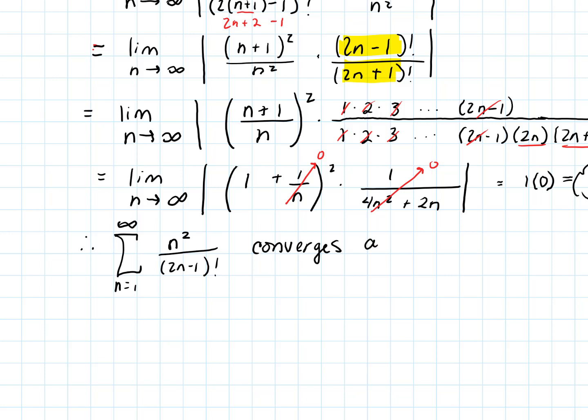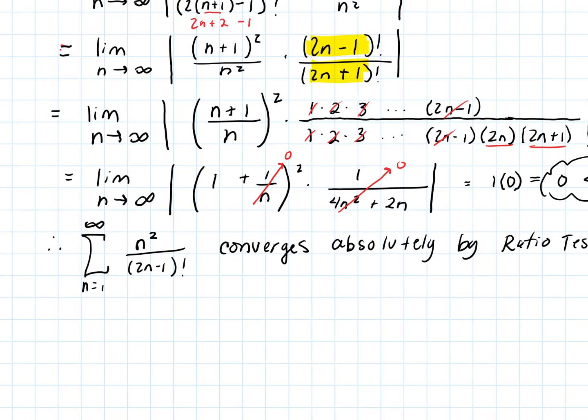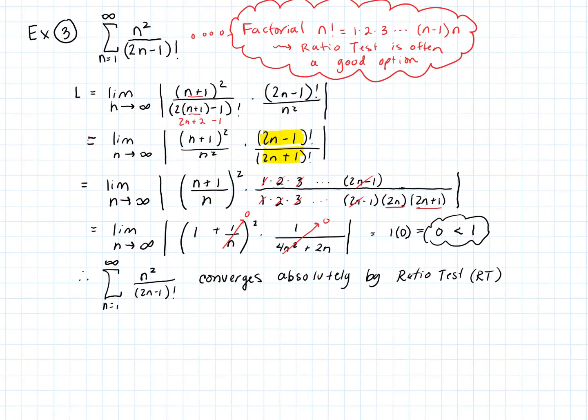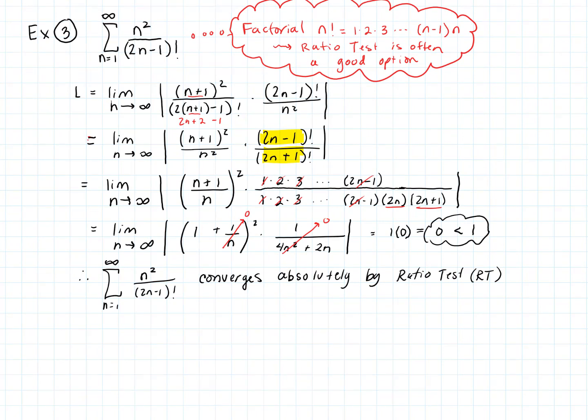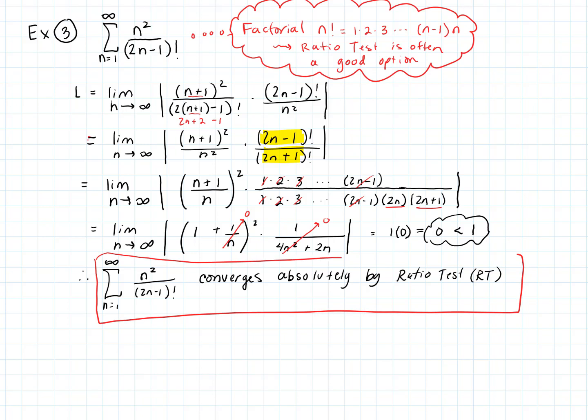So this converges absolutely by the ratio test, RT for short. Okay? So we have absolute convergence. And we are done. All right, nice compact little proof right there. Define the limit and then take a look at what happens.